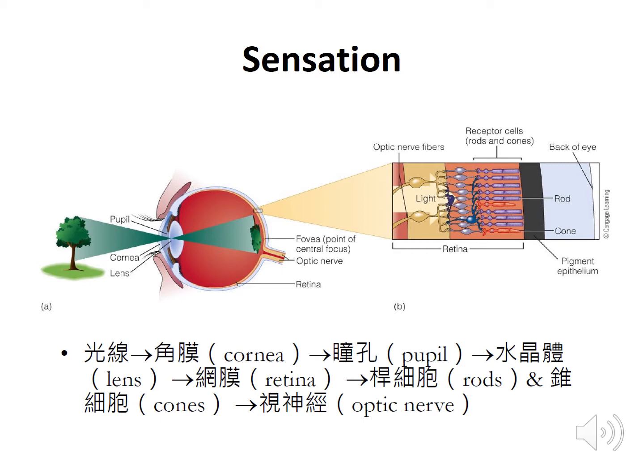Here's an example. You have a tree in your outside world, and this tree is emitting light, and the light is transferred through the lens in our eye onto an inner layer in our eye, which is called the retina. Now, several aspects here.